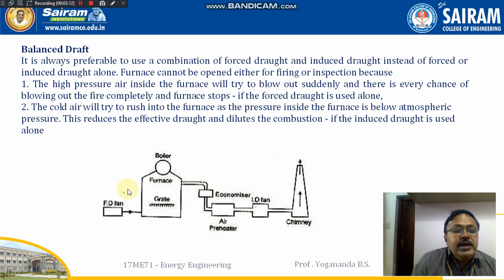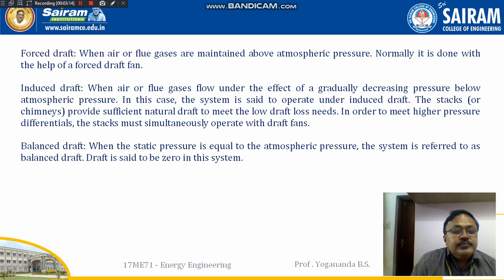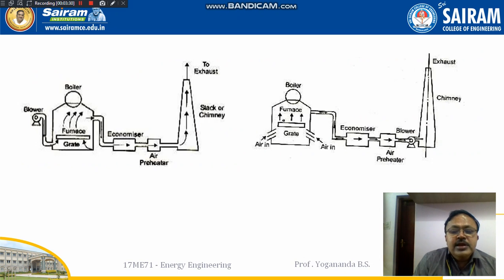Then we have induced draft. That is the air or hot gas flow under the effect of gradually decreasing pressure below atmospheric pressure. Here the blower is situated near the chimney, but in the forced draft the blower is situated near the boiler.